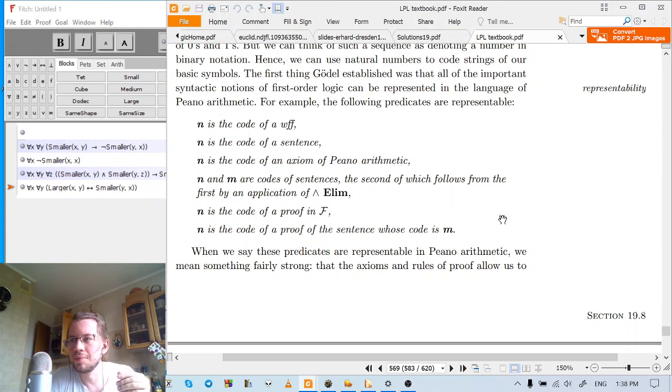Now, N is the code of a proof in F, which is also encoded by a certain amount of strings, okay? And N is the code of a proof of this sentence whose code is M. Well, that's a bit of a mouthful. That's interesting.